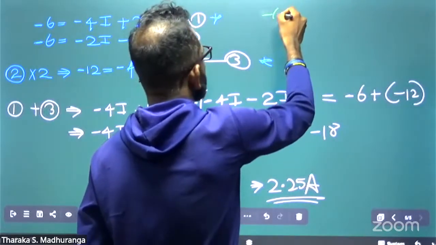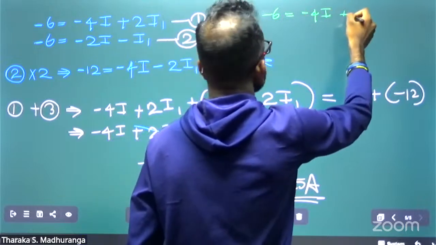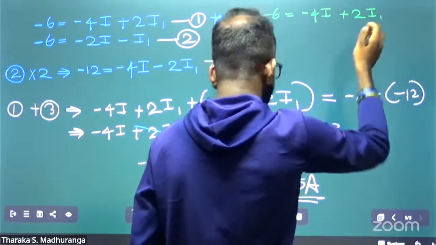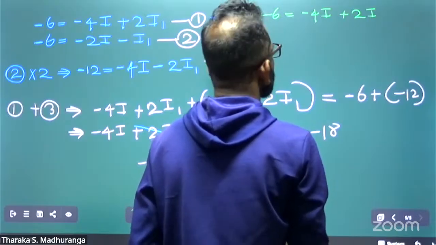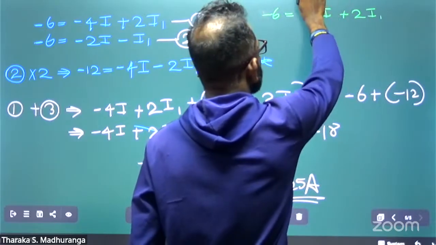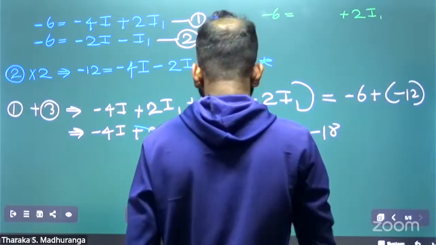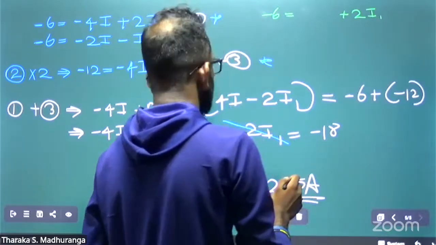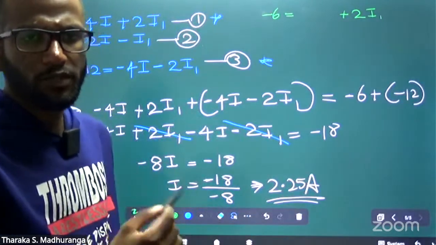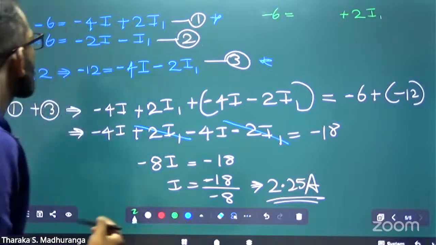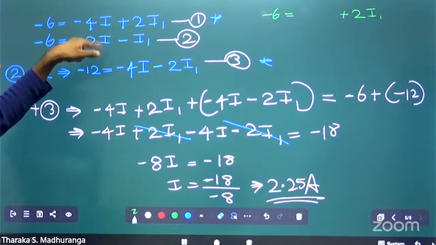Then minus 6 equals minus 4I plus 2I1. The I value you got is 2.25. Minus 4 into 2.25, because this coefficient is minus 4.